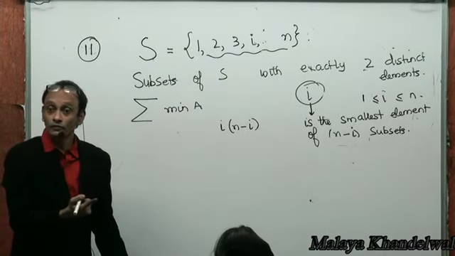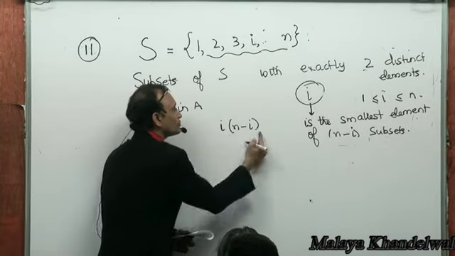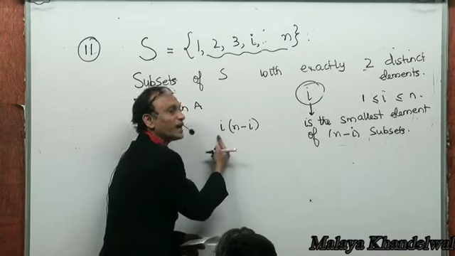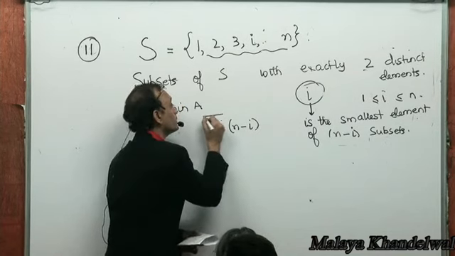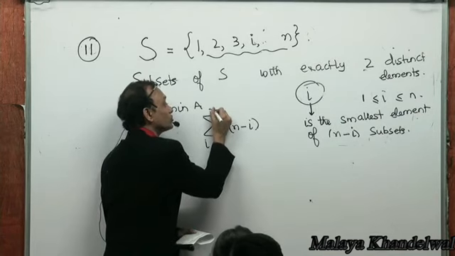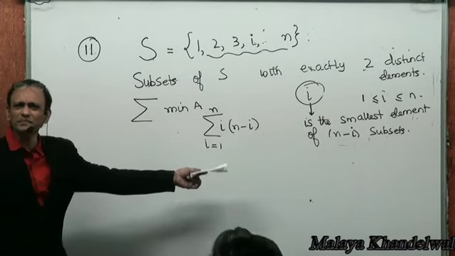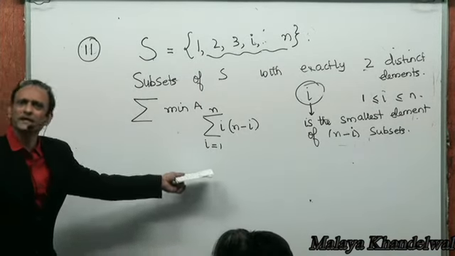Right? And this is the sum of all subsets with i as the smallest element. But there could be subsets with i equal to 1, i equal to 2, up to i equal to n. This is the sum that we are seeking here. Yes or no?